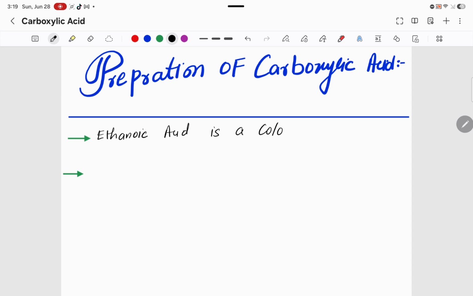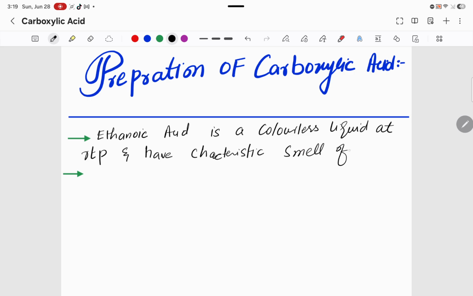It is a colorless liquid at room temperature and pressure, and has the characteristic smell of vinegar.